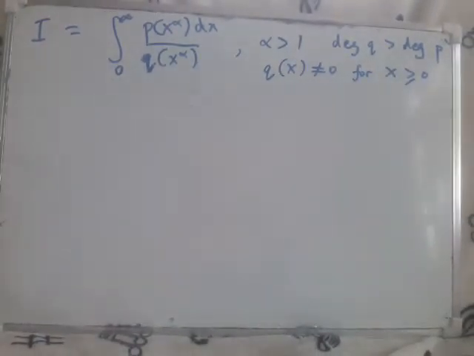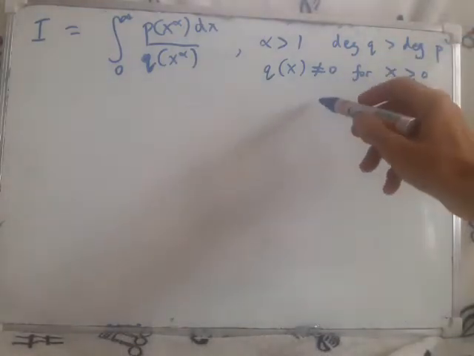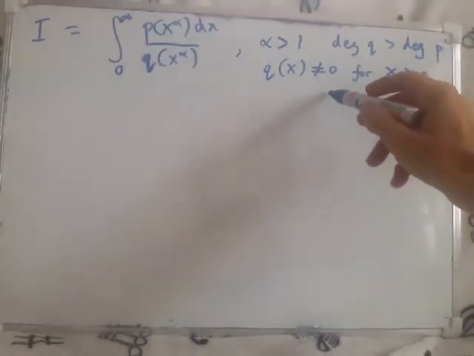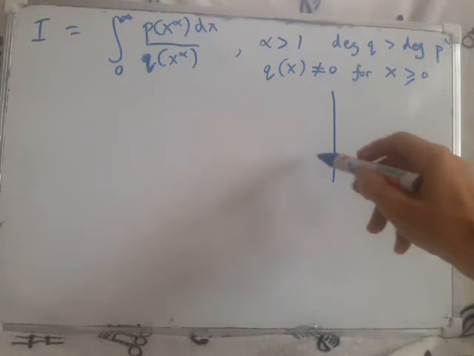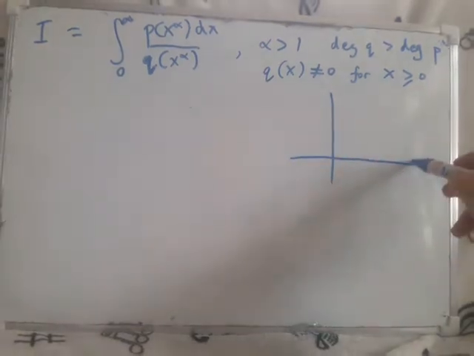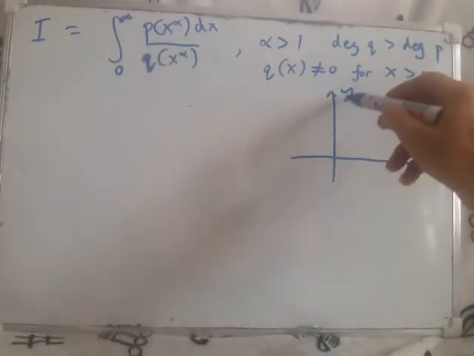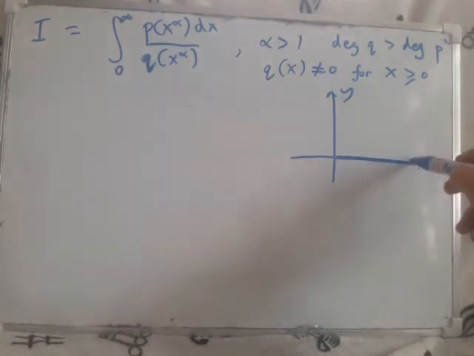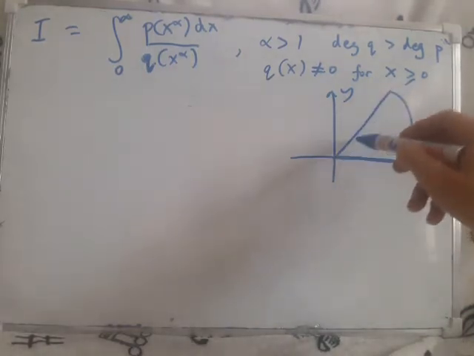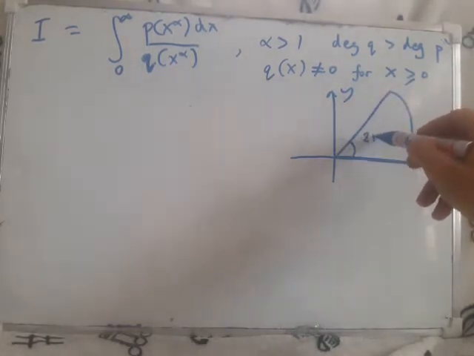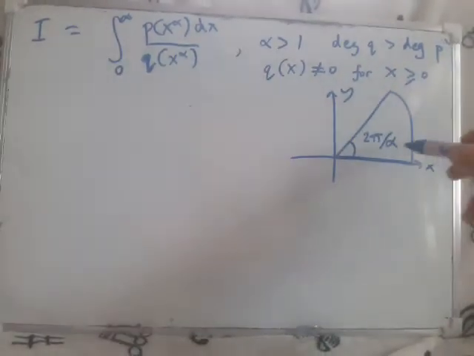Okay, so the trick for doing this integral is to use a somewhat unusually shaped contour. We'll see why this is fairly soon. We're going to have a sector-shaped contour where the angle is 2 pi over alpha.